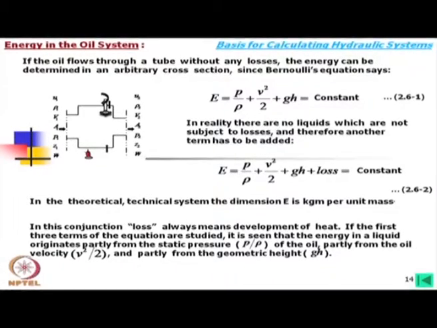If the first 3 terms of the equation are studied, it is seen that the energy in a liquid originates partly from the static pressure, that is P by rho of the oil, partly from the oil velocity, that is V square by 2, which is the energy in the form of velocity, and partly from the geometric height, g h. Okay. So, normally in the case of fluid power systems, this g h part can be neglected.